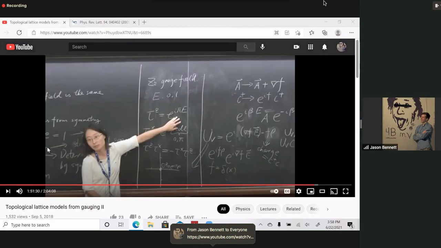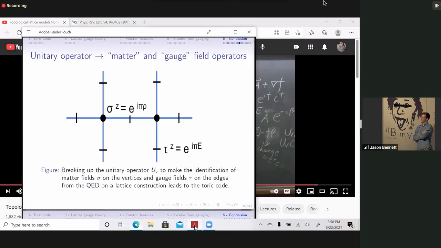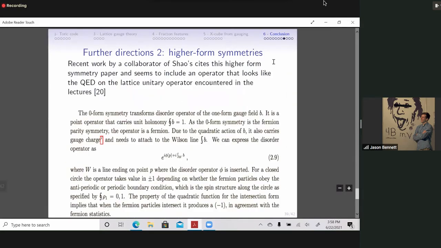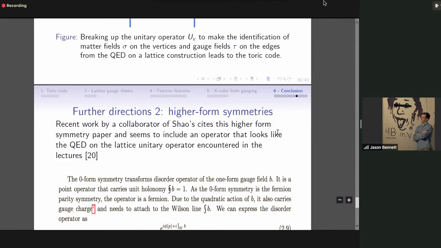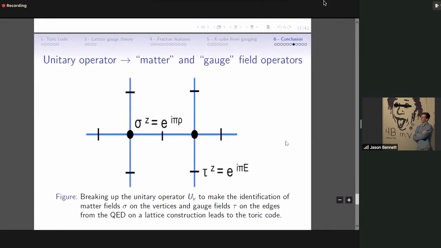Yeah, so this lecture series was incredible, but this was a particular part, and if I read it correctly, and this does in fact have some relation to this higher form symmetry business, I'd be really interested in finding out how it's related. Moreover, I really didn't understand the punchline, where you make this identification with the gauge field and this with the matter field, and somehow this is exactly the toric code.